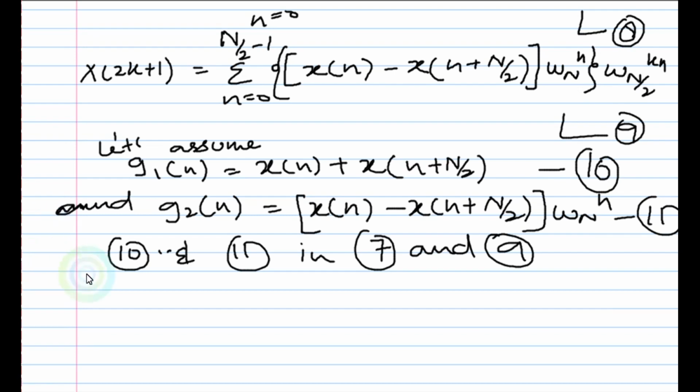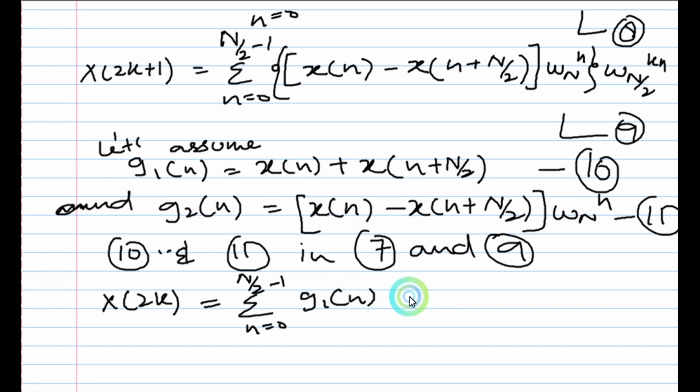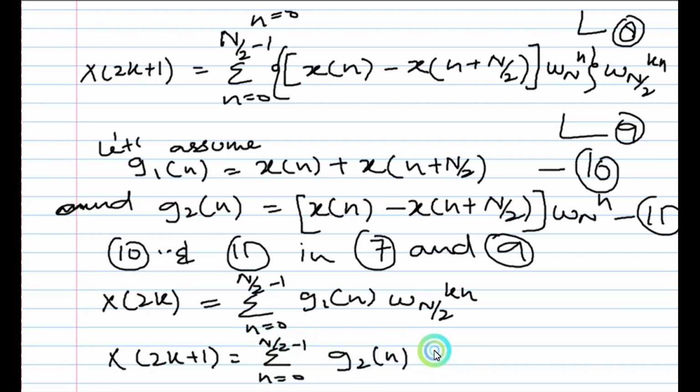So I will get x of 2k equivalent to summation n running from 0 to n by 2 minus 1 of g1 of n, W of n by 2 raised to kn, and x of 2k plus 1 equivalent to summation n running from 0 to n by 2 minus 1 of g2 of n, W n by 2 raised to k n.